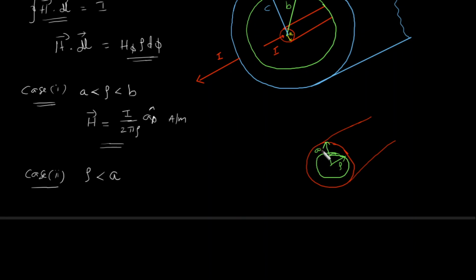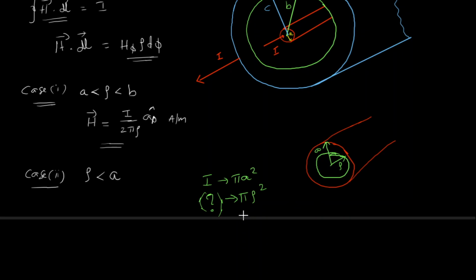The cross sectional area of my inner conductor is pi a square, no, because the radius is A. If I is the total current flowing through a cross sectional area of pi a square, then what would be the current flowing through cross sectional area pi rho square? If I can find this, that is my current enclosed by the closed path. Agree? I hope it's very clear.